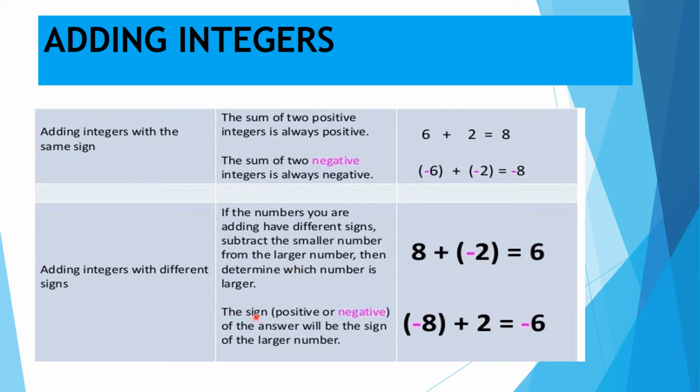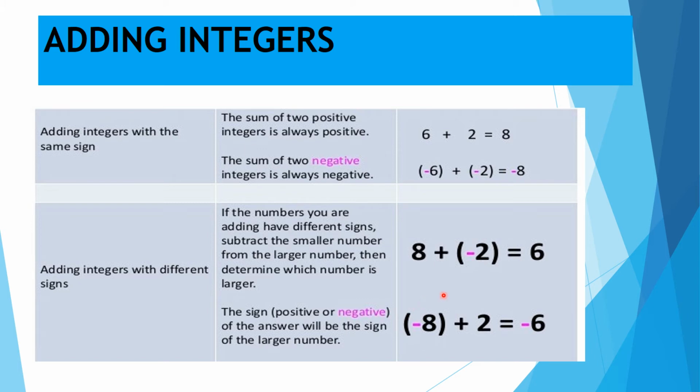The sign, positive or negative, of the larger number will be the sign of the answer. So 8 plus minus 2, when there is one positive, one negative, you will subtract. So 8 minus 2 is 6 and the sign will be of the larger number. So here the larger number is 8 and it is having positive sign. So it is 6. That means plus 6.